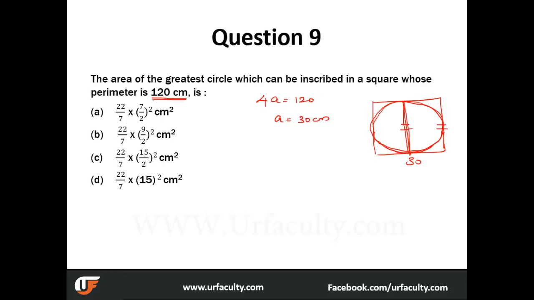So your diameter is equal to a and your radius is equal to a by 2, which is equal to 15. So now what should we find? They asked for area. So area of the circle is equal to what?